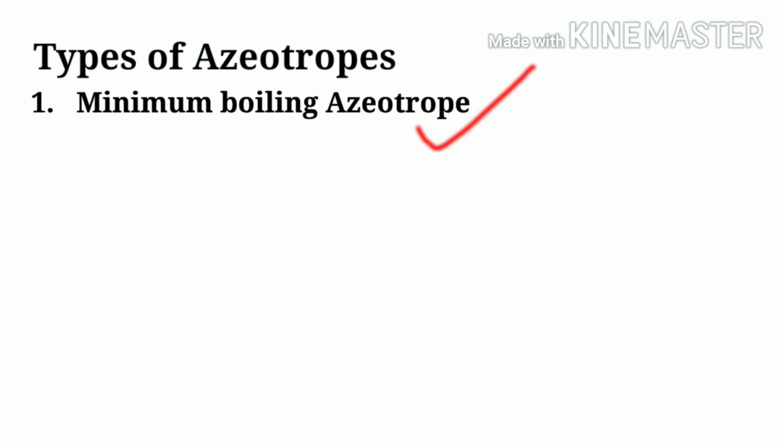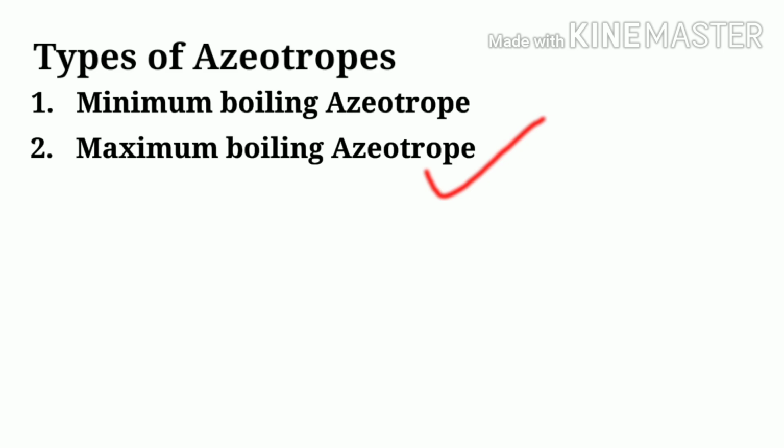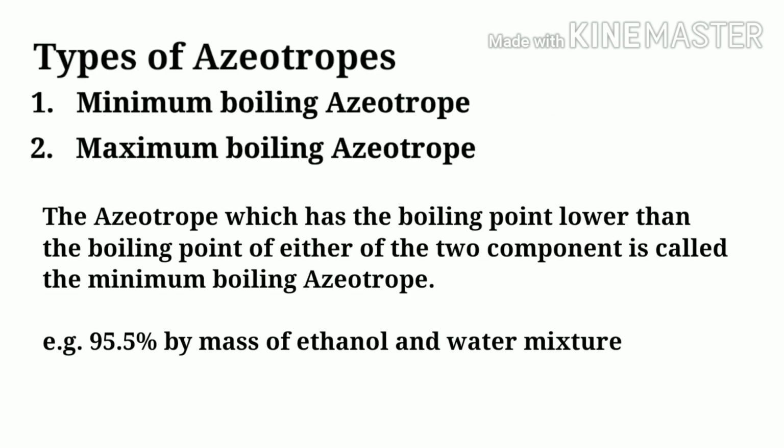There are two types of azeotropes: the minimum boiling azeotrope and the maximum boiling azeotrope. The azeotrope which has a boiling point lower than the boiling point of either of the two components is called the minimum boiling azeotrope. For example, 95.5% by mass of ethanol and water mixture is an example of a minimum boiling azeotrope.